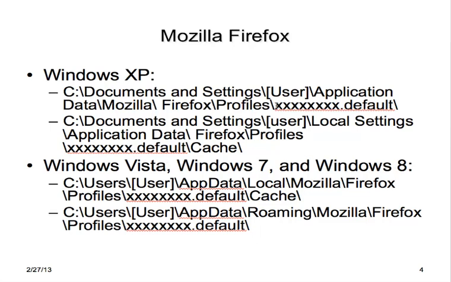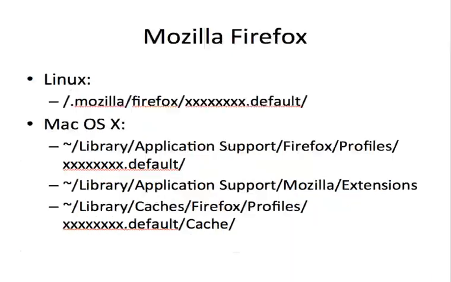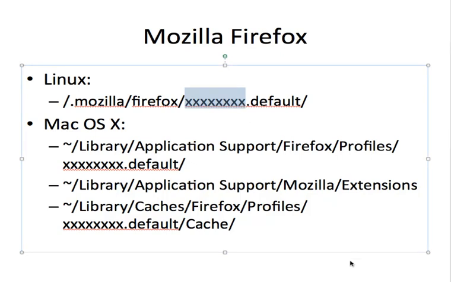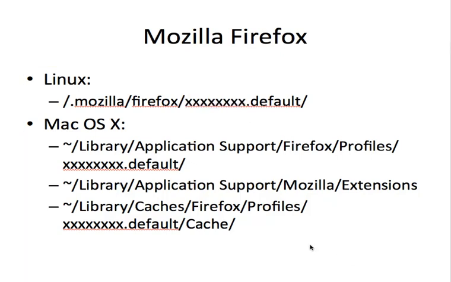Notice this series of X's is a randomly generated string which is used to identify the user, and this is where their default settings, profiles and cache are kept on each of the operating systems. Notice on Linux, this occurs in a hidden directory. It's still got the same multiple X format. As we'll see shortly, I'll show you what an actual user profile name looks like. And on Mac OS X, it's even kept in a different location.